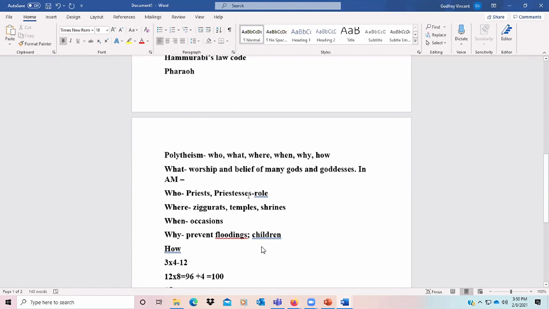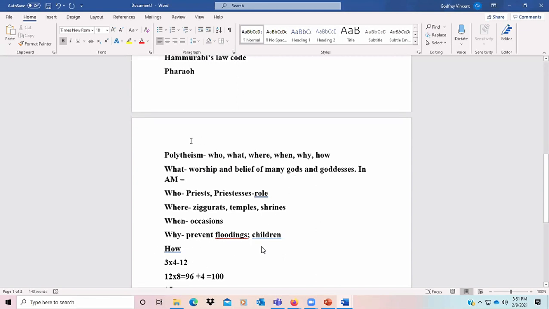Priests and priestesses. What was their role? You can't just tell me that priests and priestesses perform functions. Tell me some of the functions. Where was it practiced? In ziggurats, and you can give me some names. When was it practiced? At what time of the year? Why was it practiced? And how was it practiced?